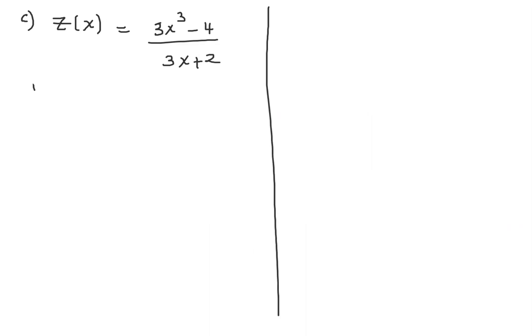Okay. Next part C, there is one more, g of x equals 3x plus 2 over something. So to find the vertical asymptote, set the denominator equal to 0 and solve for x.